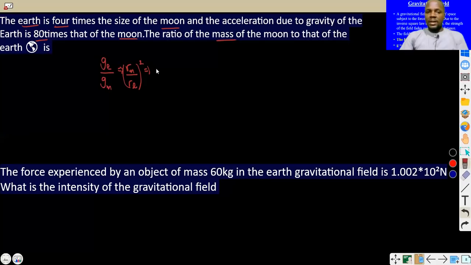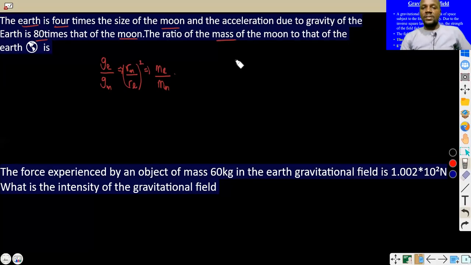Mass will be directly, mass of Earth over mass of moon. This is the way we relate the relationship which we have taught. So directly now, we just need to follow the trend of the question. We don't need to waste time here.